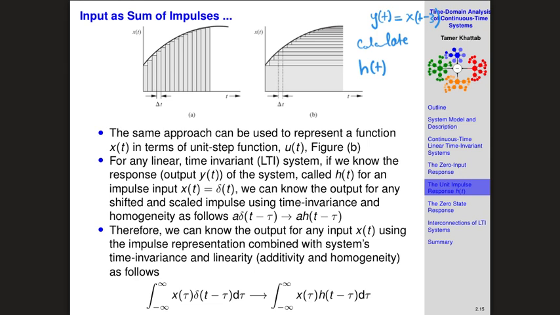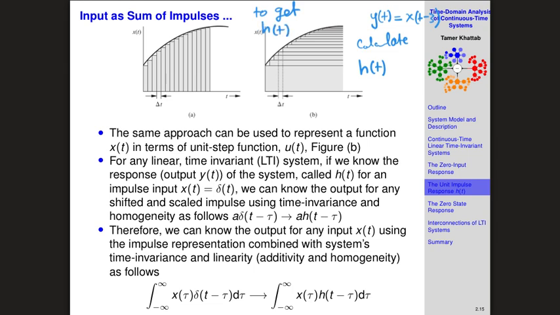It will become delta of t minus 3, because x of t is replaced by delta of t, then the output is going to be x of t minus 3, which is delta of t minus 3. You got the idea?